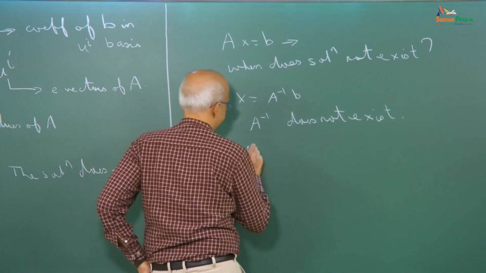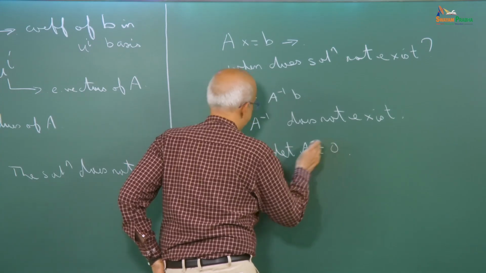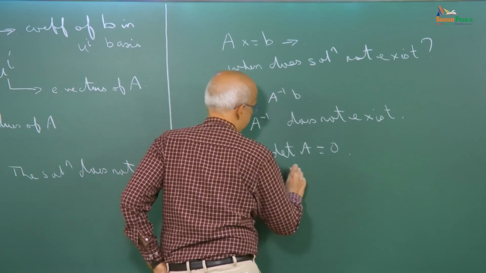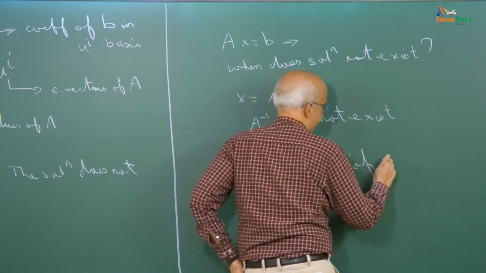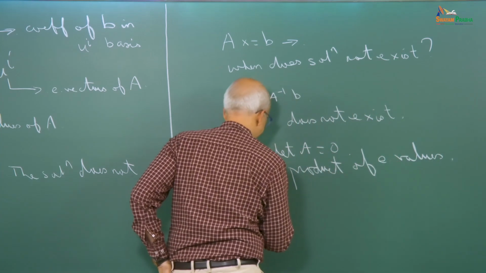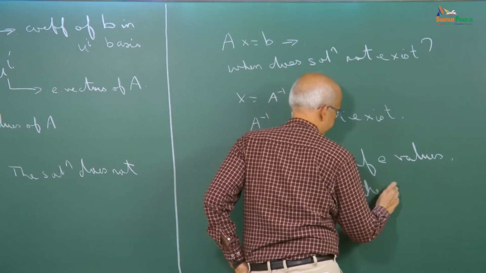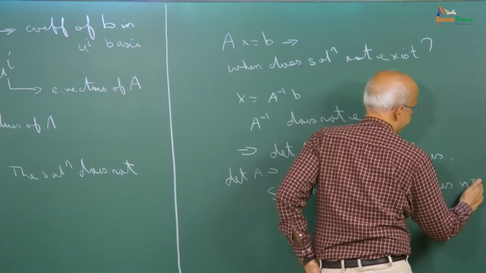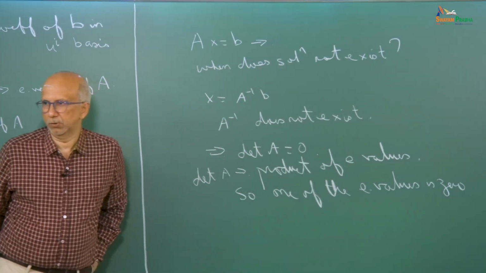This implies the determinant of A equals 0, and remember the determinant of A is the product of the eigenvalues. So, one of the eigenvalues is 0, okay.